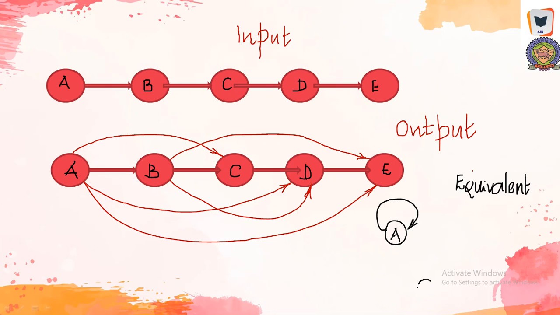If there is another station like B, let us say, if there is a connection from A to B, and if there exists a connection from B to A, then it satisfies the symmetric condition. A to B is connected and B to A is also connected. And if we have one more station, let us say C, if A to B is connected, B to C is connected, then it also means C to A is also connected.